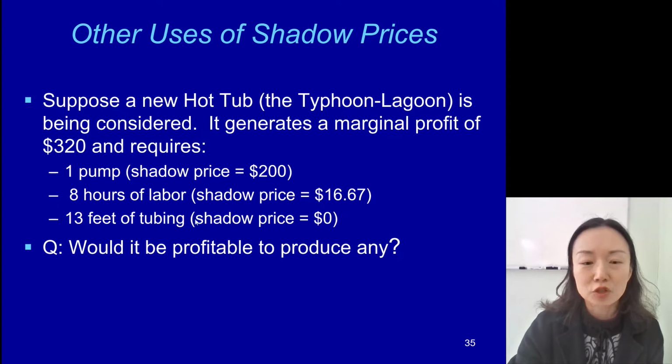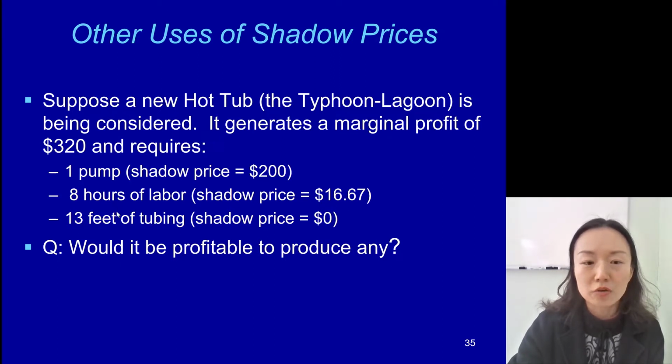Okay, and then the tubing's shadow price is 0. And if this 13 is within the allowable decrease of that tubing constraint, then this shadow price of 0 will hold. Okay, and also remember that this decrease of 1 and decrease of 8 need to be within the allowable decrease of the two constraints' shadow prices too.